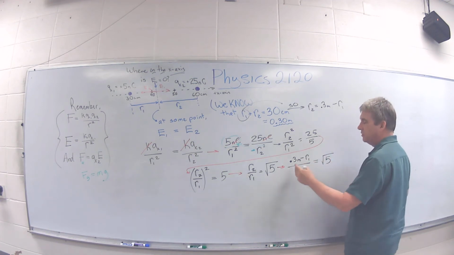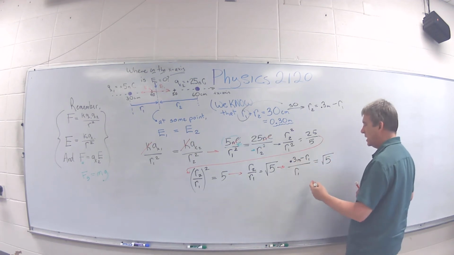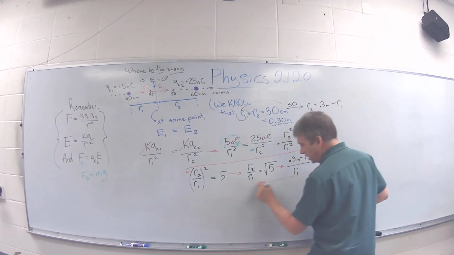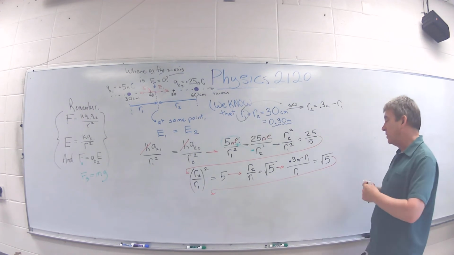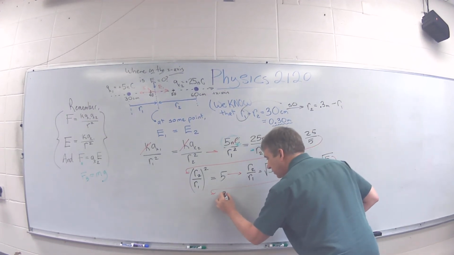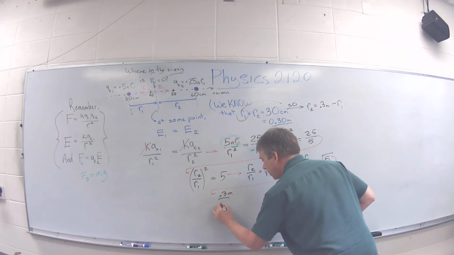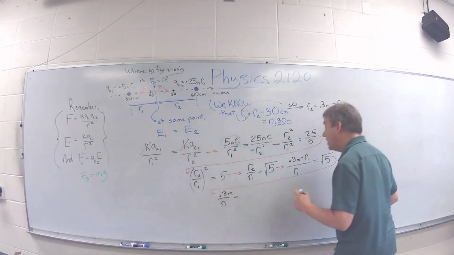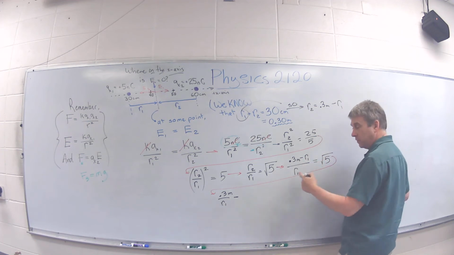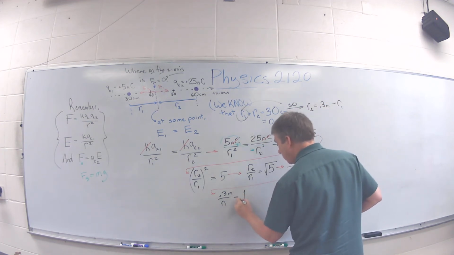Now if you recall, this means that we can split this up. Splitting it up gives us 0.3 meters over R1 minus R1 over R1. And R1 over R1 is just 1.